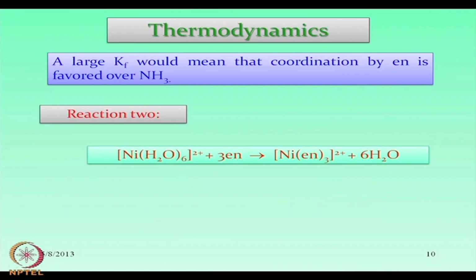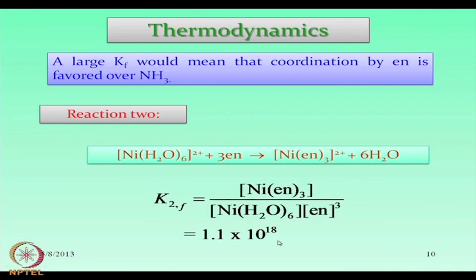Directly from the aqua species we get the formation of the tris chelate of the bivalent nickel, and we find out the corresponding values for the formation of these, and for the reaction which is directly forming from the aqua complex we can find out the corresponding K value as 1.1 into 10 to the power 18. Just simply compare the magnitude of these values.